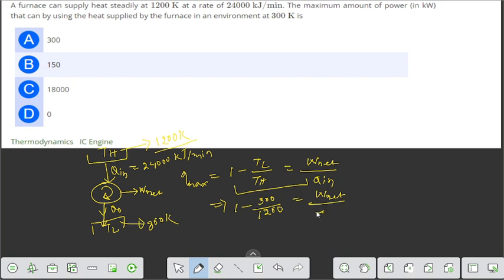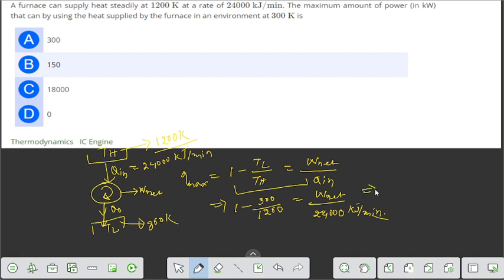Q in is 24,000 kilojoule per minute. So let us convert this minute into second.